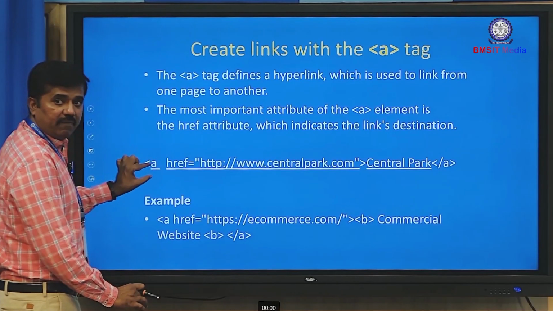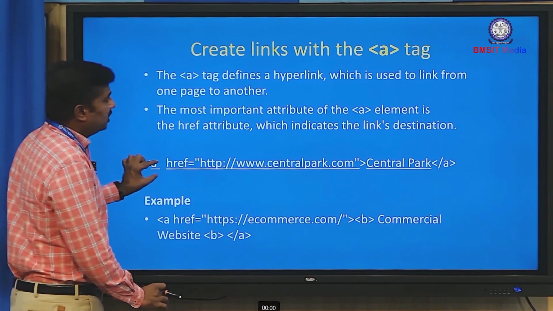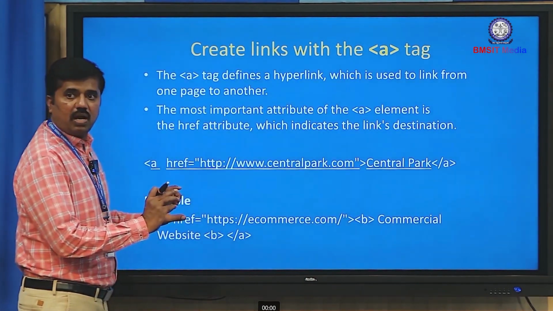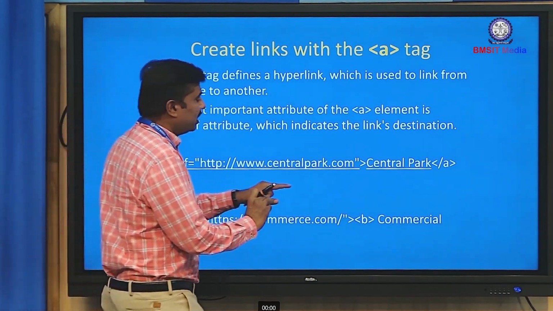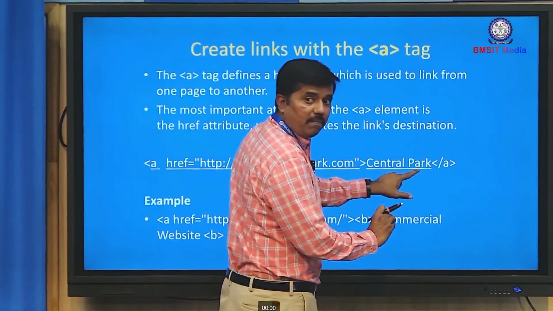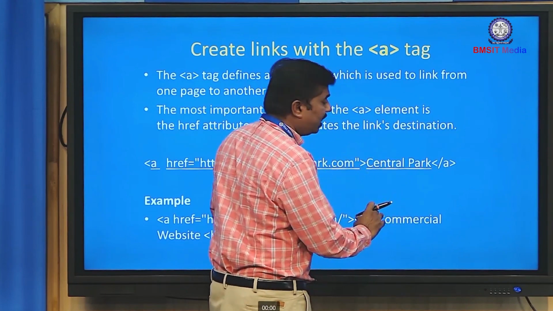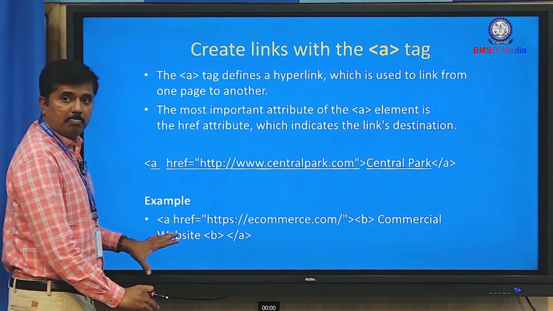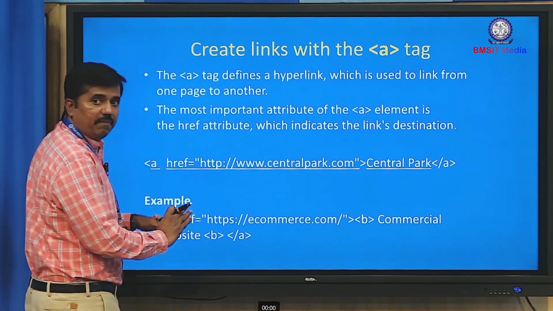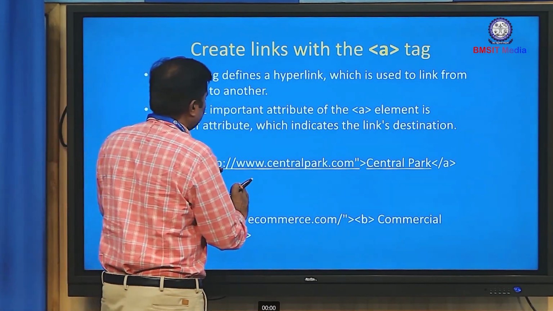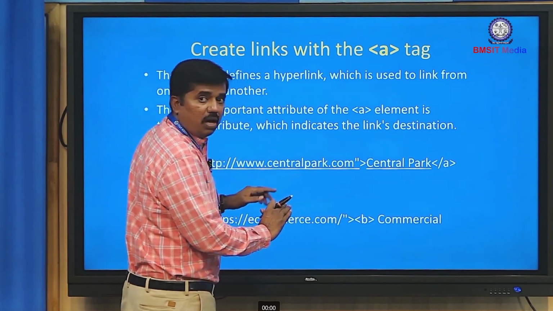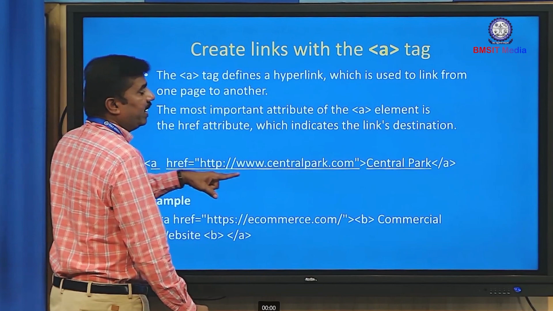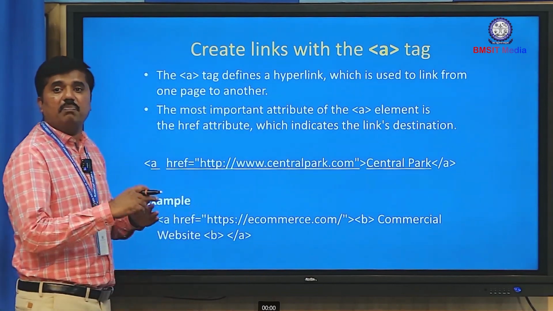So what I did, say I clicked on one file name or one name, for example BMSIT and M. As you click it, here I have written the central part or some commercial website. If you click the given name, it will visit the corresponding URL or website. It can happen with the tag A. That's how we hyperlink it.